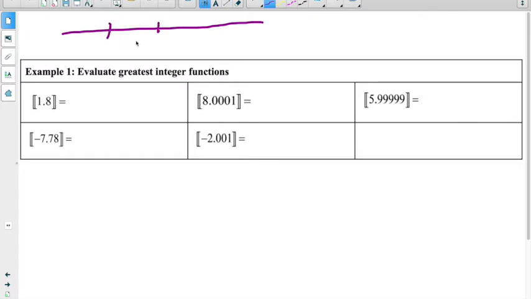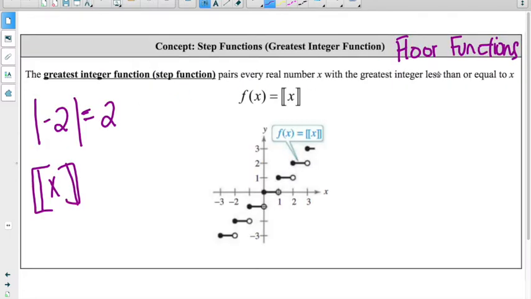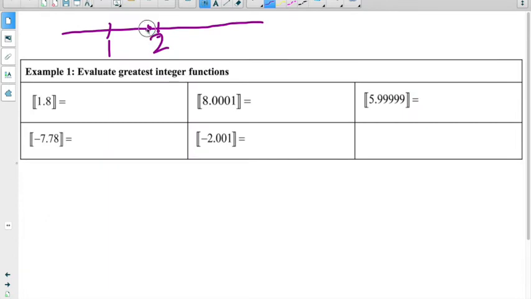Where is 1.8 on a number line? It is between 1 and 2. It's closer to 2, but it's not quite there. The definition of a step function gives us the integer less than or equal to x. So it's not going to quite reach 2, that 1.8 number.